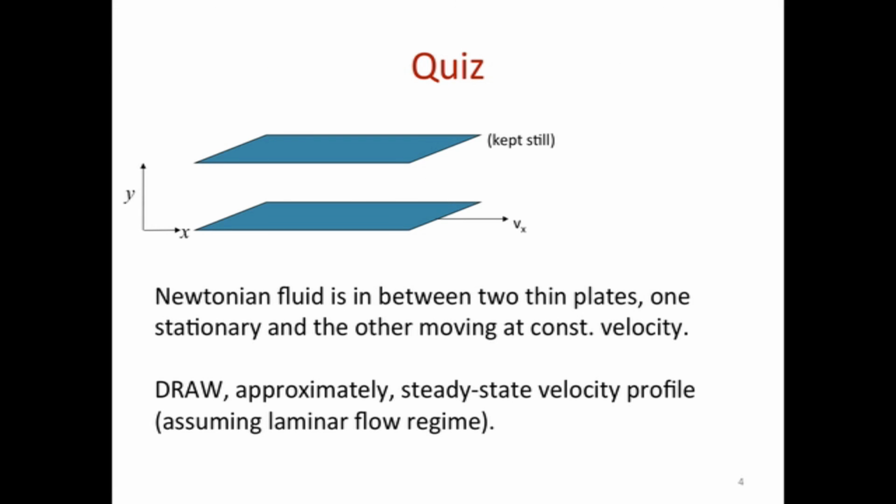Okay? So first, a quiz, so take a piece of paper since this hand-brain communication is important. Let's practice it. So I have a top plate that is kept still, and I have a bottom plate that is moving with velocity Vx. And let's say that I start that motion, I wait a little for flow to stabilize.